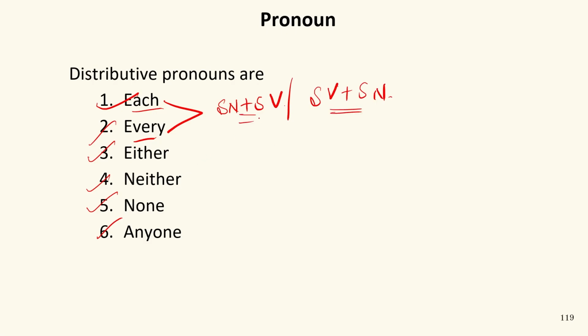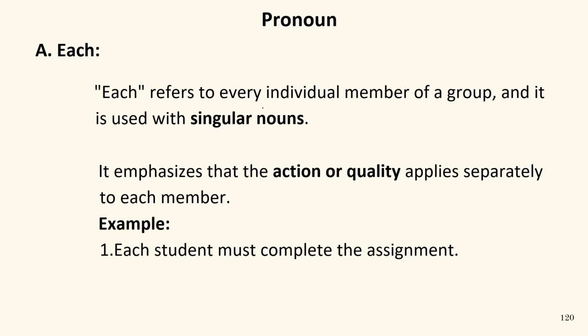Each refers to every individual member of a group and it is used with singular nouns. It means whenever we use each, we use a singular noun and a singular verb with it. It should be followed by a singular noun and a singular verb only. It emphasizes that the action or quality applies separately to each member.